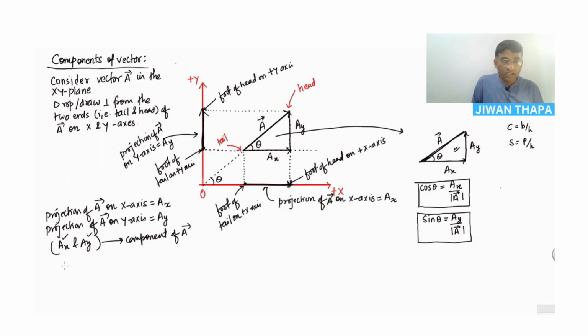So we can write the component of vector A along the x-axis, AX equals A cos theta.